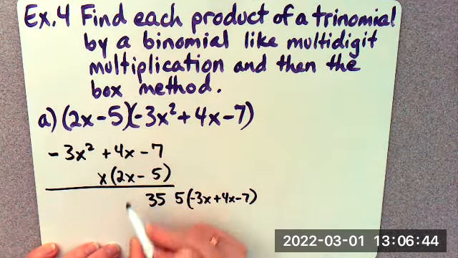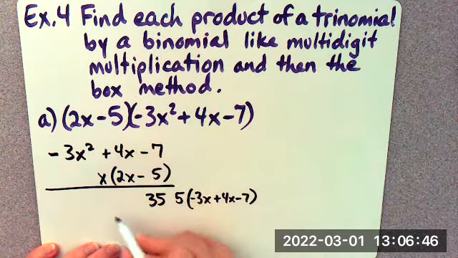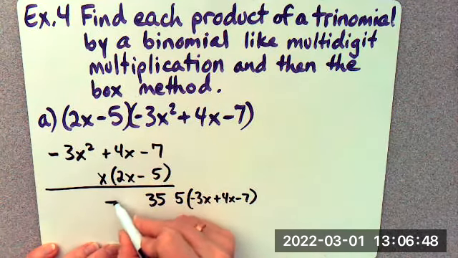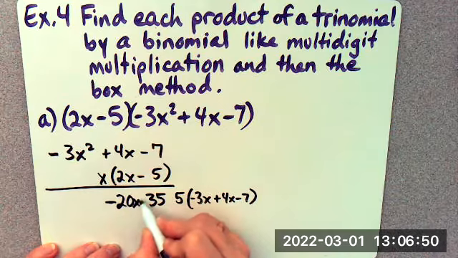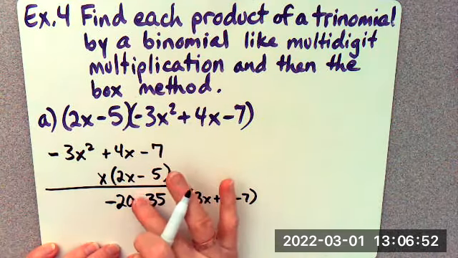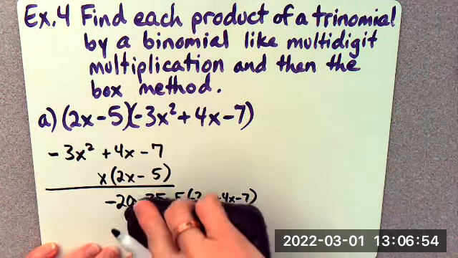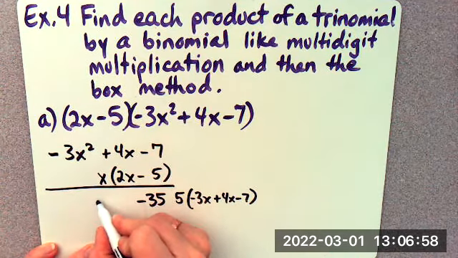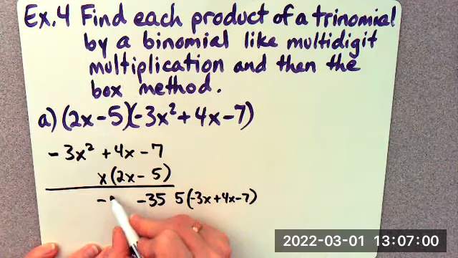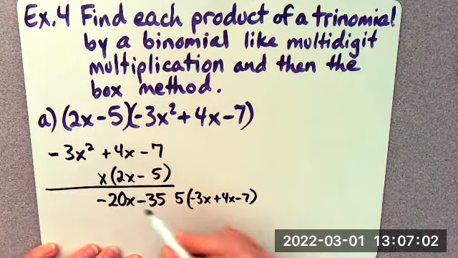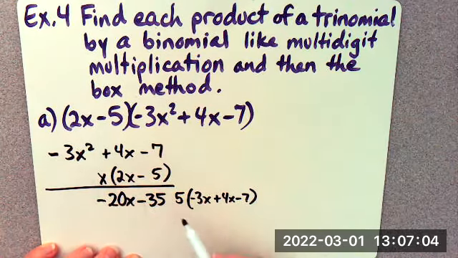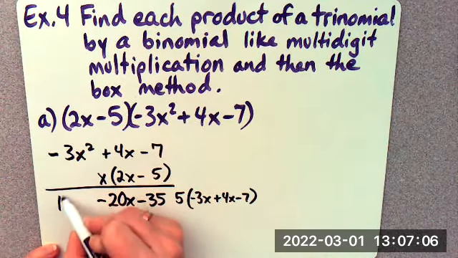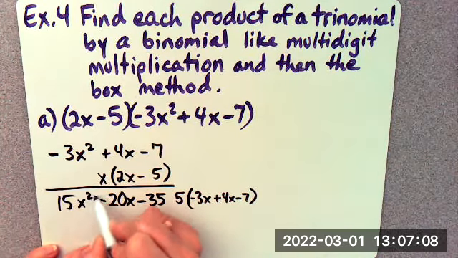Negative 5 times 4x is negative 20x. Oops, that's a negative right there. Okay, and negative 5 times negative 3 is positive 15x squared.